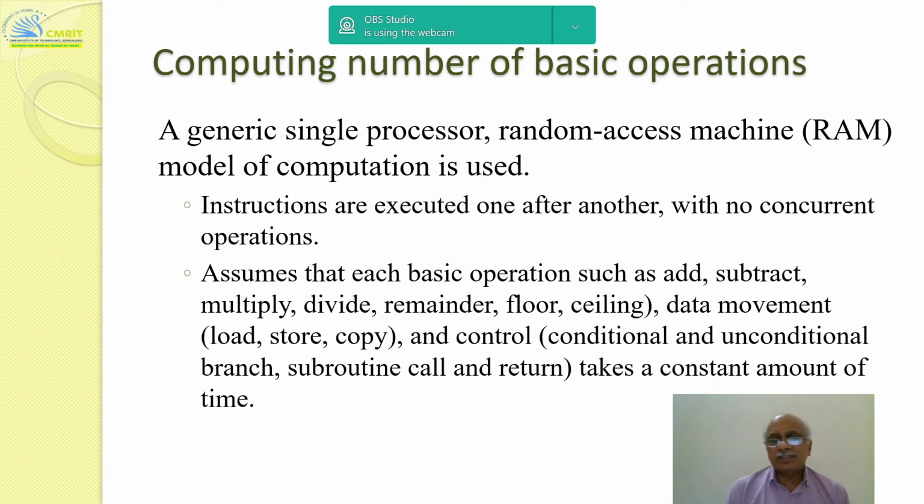We assume that all of them take a constant amount of time, though multiplication of two floating point numbers takes significantly larger time compared to addition of two integers. But we make a simplification there. We assume that each basic operation takes the same amount of time. That's a simplification we make.